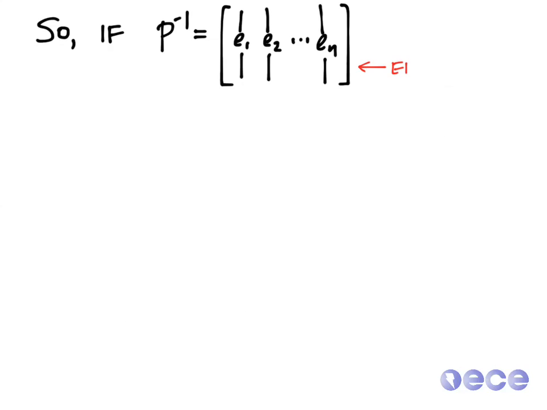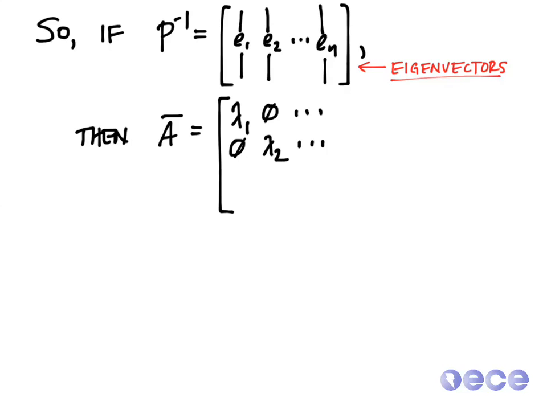So P inverse is made up of my eigenvectors, and A bar is made up of my eigenvalues. And I can take these two matrices, A bar and P inverse, and tell you what y of t is going to be, because e to the A bar is really easy to compute.